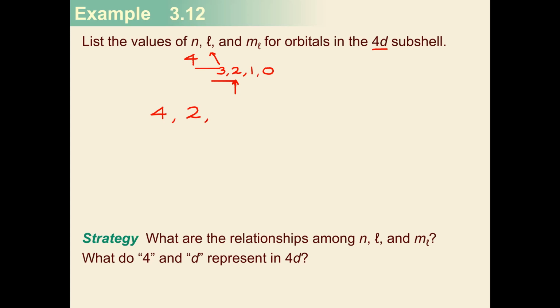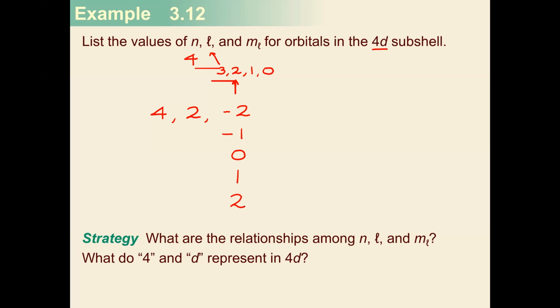Now I'm allowed a little bit more variety. Because I have a second quantum number of 2, this means that I am allowed to have -2, -1, 0, 1, and 2. This means that I am allowed 5 different orbitals in the d subshell, and here are those 5 possibilities.